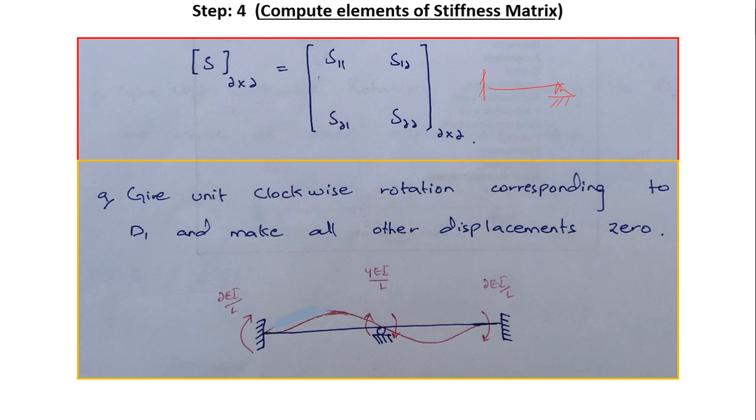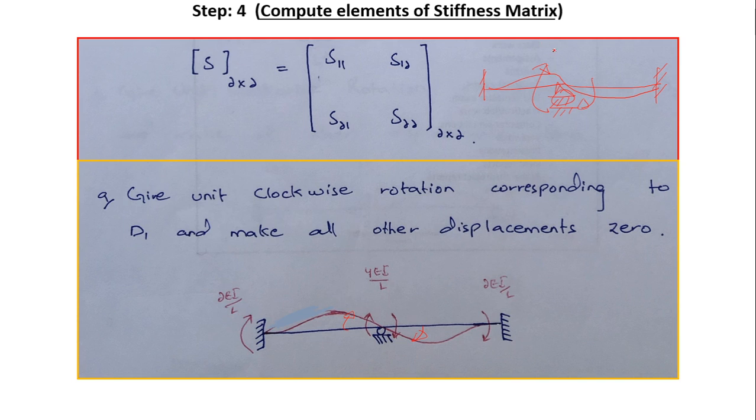This is roller, okay, this doesn't matter, and I have to fix all other supports, and I have to give it a clockwise rotation. So clockwise in this case would be like this. So why is this clockwise? Because this is clockwise.